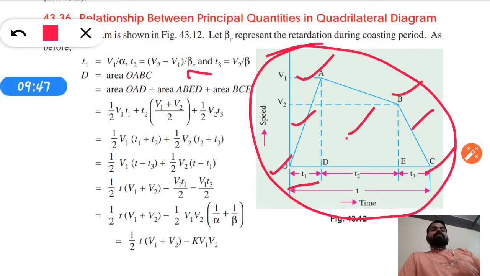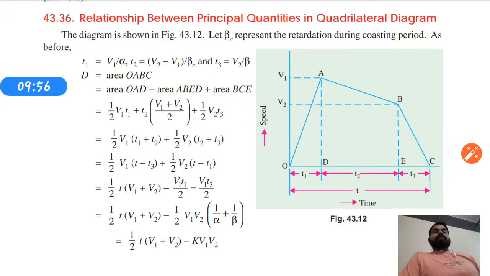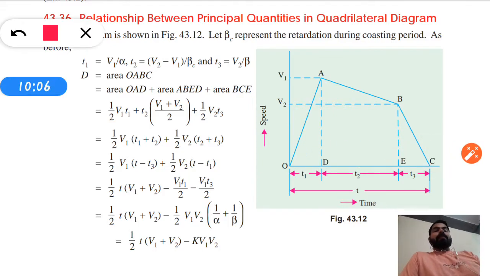Then this becomes T2 V1 upon 2 and T2 V2 upon 2.